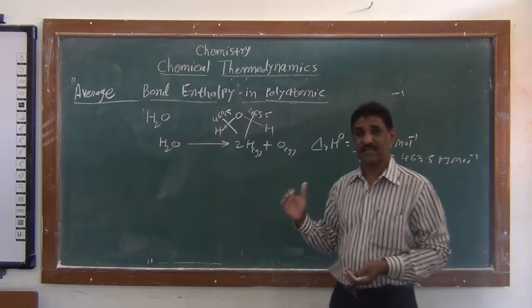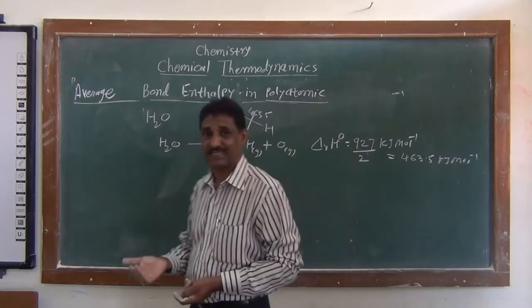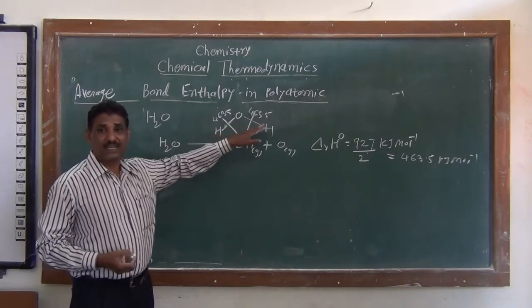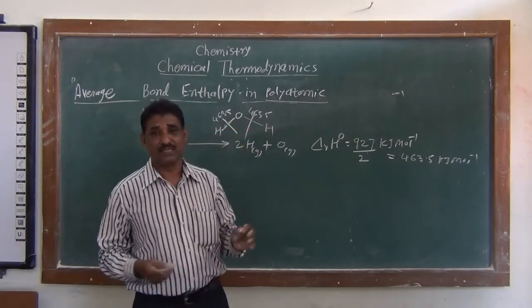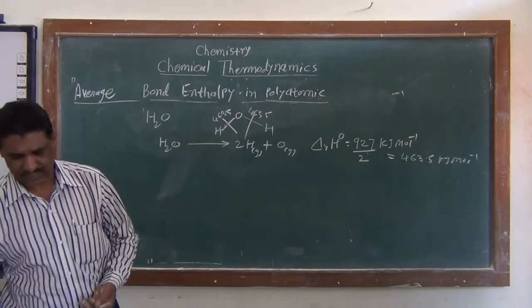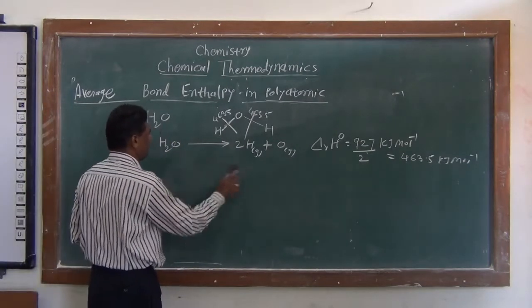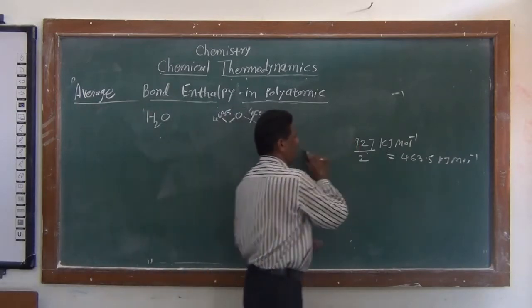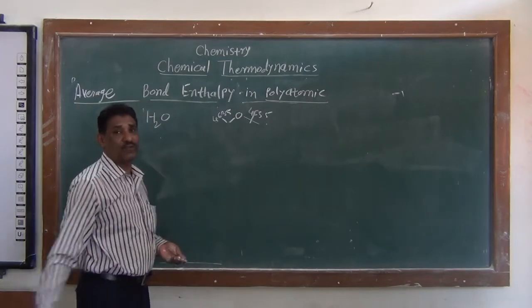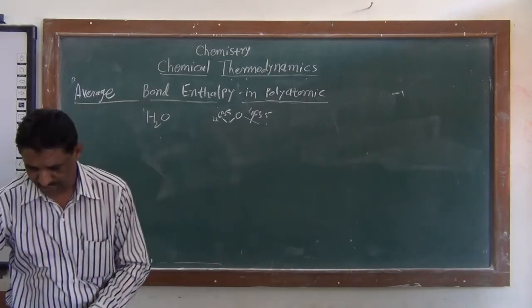The reaction takes place stepwise, and that way the energy is different to break each OH bond. This reaction takes place in two steps. Then we see how much energy is required to break one OH bond and the other OH bond.